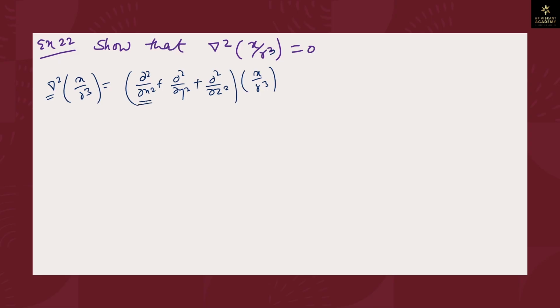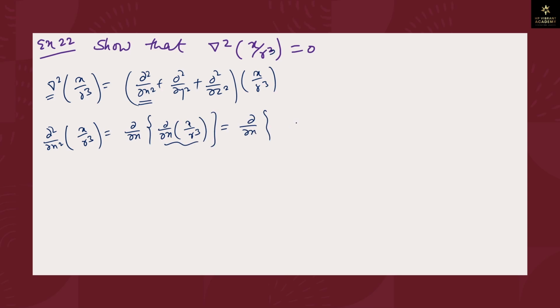Let us find the first term first. So del square upon del x square of x upon r cube is equal to del upon del x of del upon del x of x upon r cube. Let us expand this with parts. So this is del upon del x of 1 upon r cube plus x times del upon del x of r to the power minus 3.